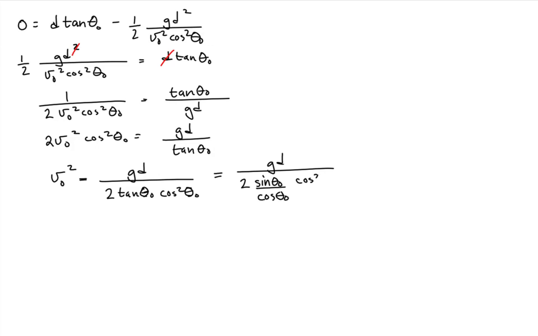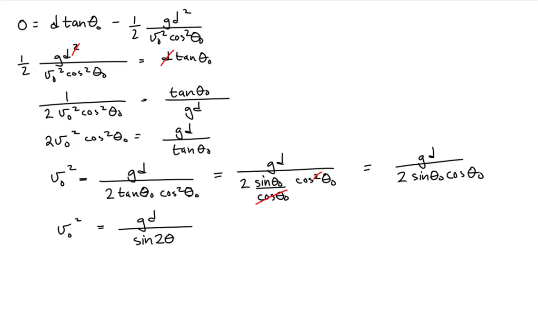And then we have a cosine squared theta naught. A cosine theta naught cancels with a cosine theta naught. We have on the right-hand side g d over 2 sine theta naught cosine theta naught. Or if you recognize your trig identities, this right-hand side simplifies to just be g d over sine of 2 theta naught.